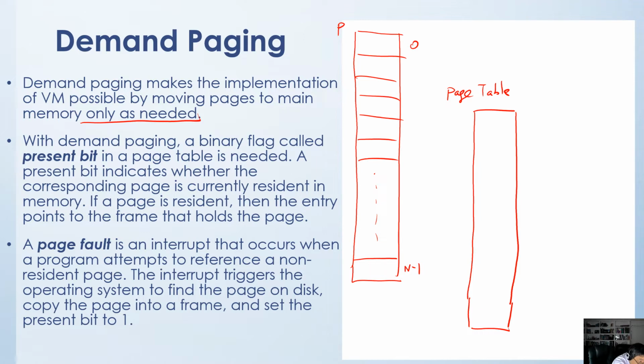So here's page 0, 1, 2, 3, 4, with a process of n pages. Then the page table should contain an array of n entries, so it's n-1.